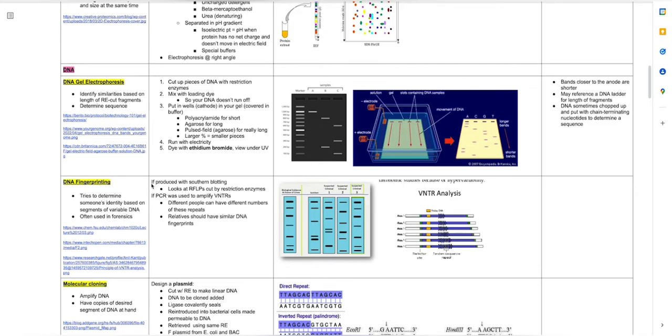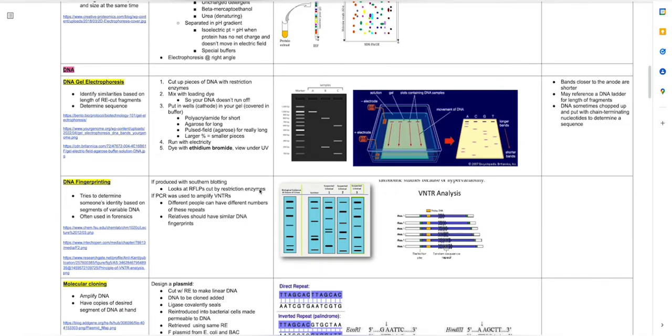There's two ways you can do it. The first one's with southern blotting, which we'll talk about later. But southern blotting is basically using DNA gel electrophoresis results and then visualizing them in a certain way. And what it does is look at RFLPs, which are restriction fragment length polymorphisms cut by restriction enzymes.